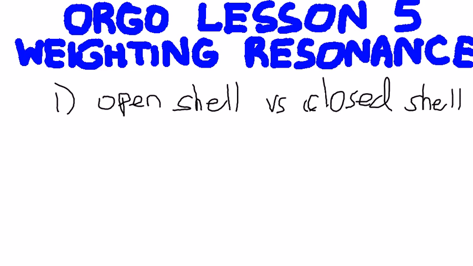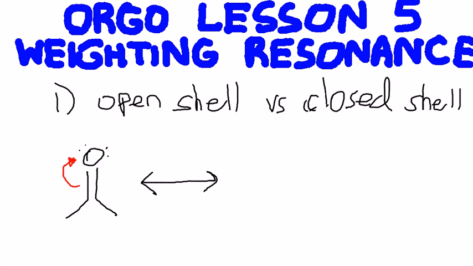So this is acetone. And to create a resonance form, we can take the electrons from the pi bond and we can move them up. And what this does is that those 2 electrons originally belonged in the bond.